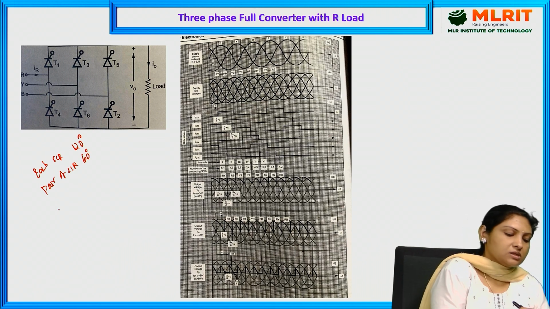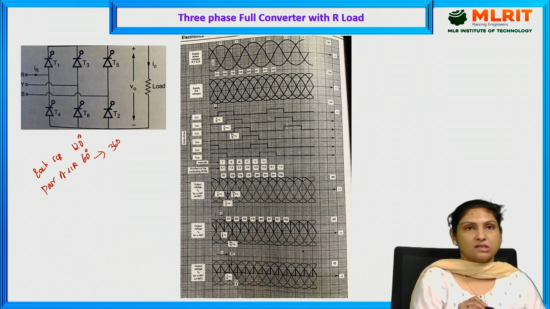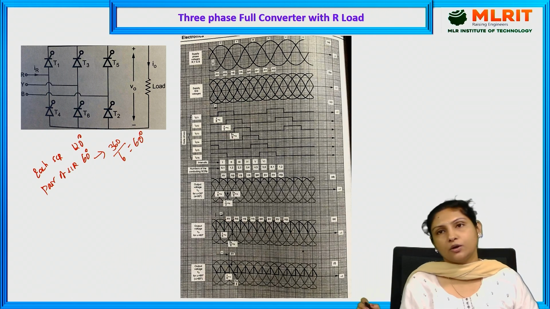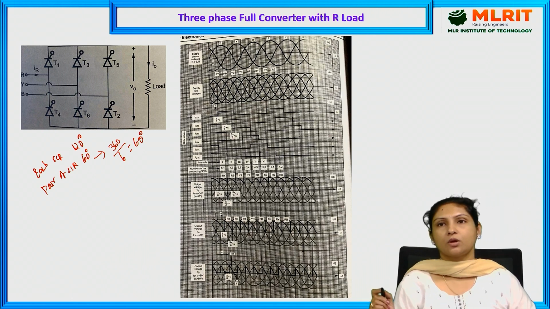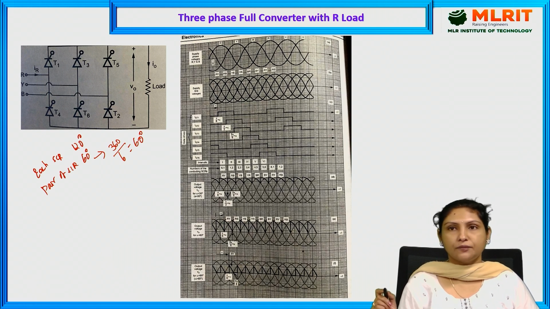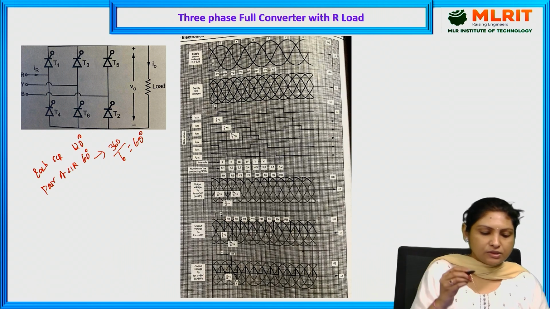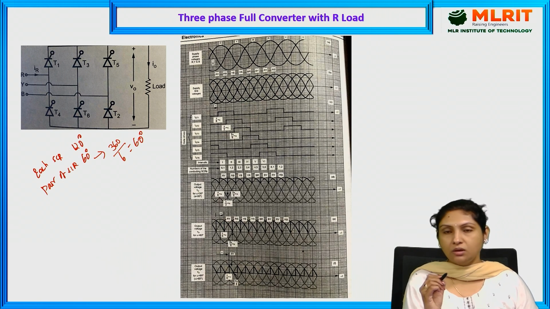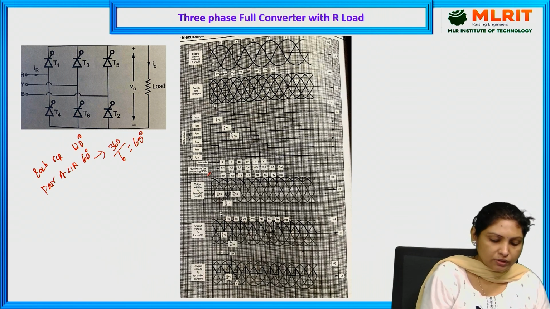It is because one complete cycle is 360 degrees, divided by 6 thyristors. That means each pair of SCRs will be conducting for a period of 60 degrees. Hope you understood this.